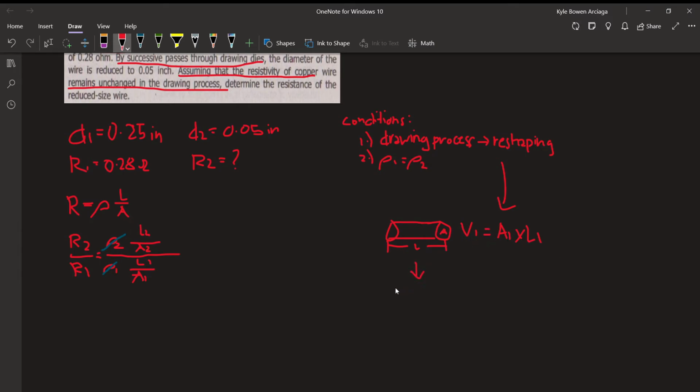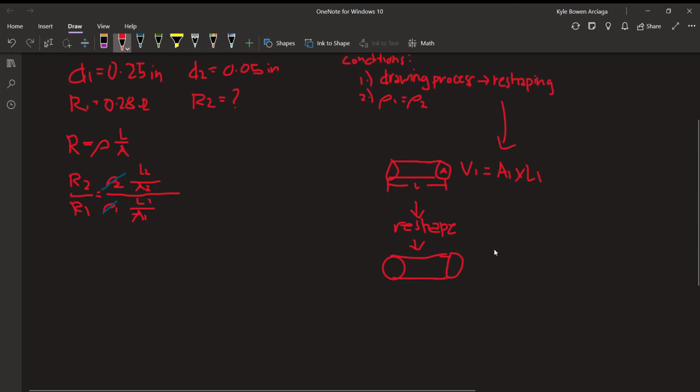When we reshape it through the drawing process, for example, we have this visual representation only: the area changes and the length changes.